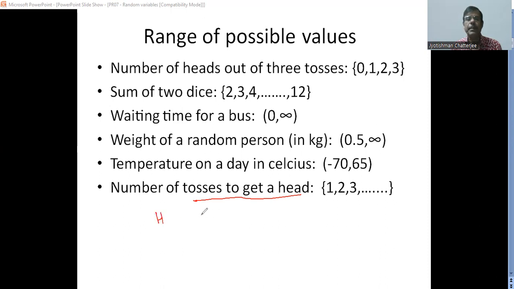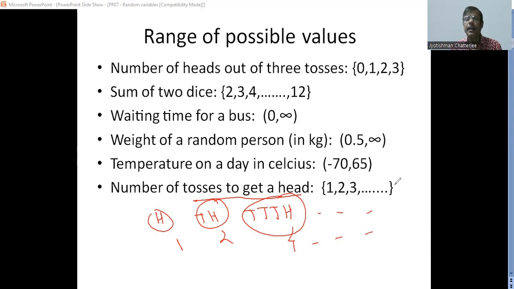So the outcome may be this or this or this and so on. Now you count the total number of tosses. That is 1 here, here it is 2, here it is 4, and so on. That's why the possible values of the random variable are 1, 2, 3, etc., all the positive integers.